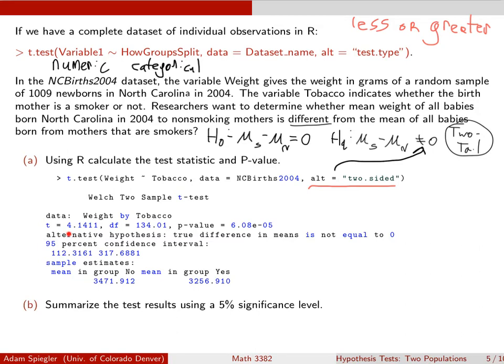So what we can see over here is our test statistic. Okay, so that's a pretty big value. And then in this case, it's about 4.1.